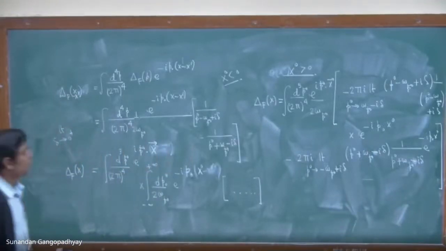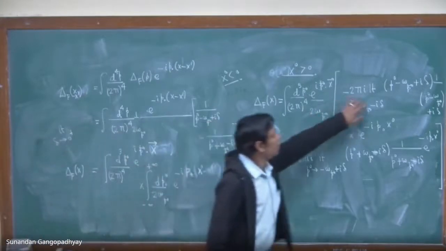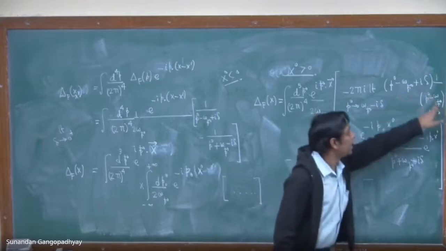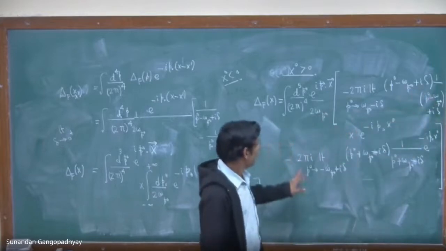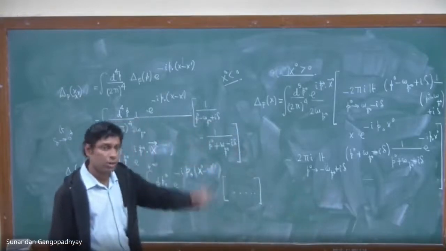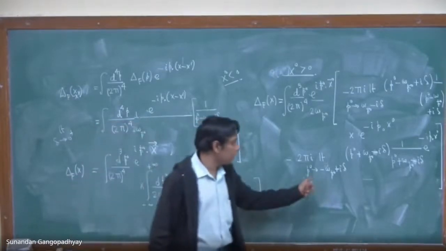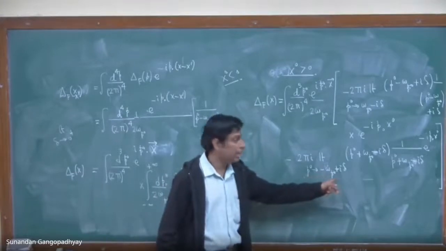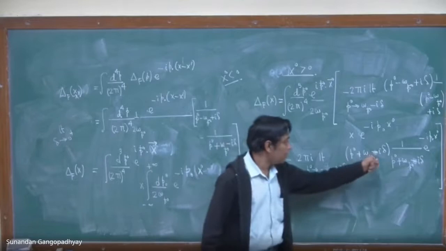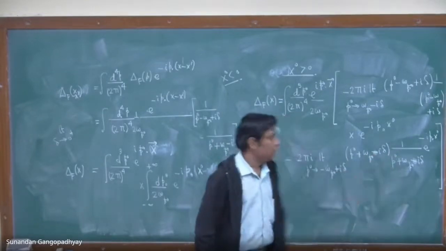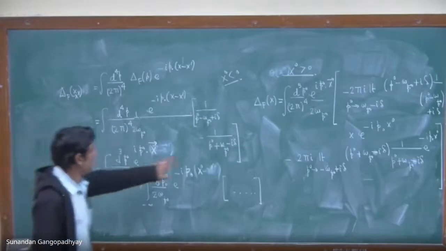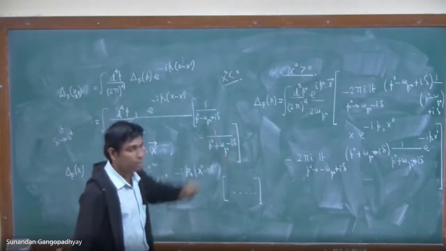This is for the first term, p0 going to omega p minus i delta. And this is for the second term: when x0 is less than 0, you close in the upper half plane, therefore it encloses the pole at minus omega p plus i delta, and therefore the limit p0 going to this, times this factor, will contribute, this will not contribute, and you have the exponential.